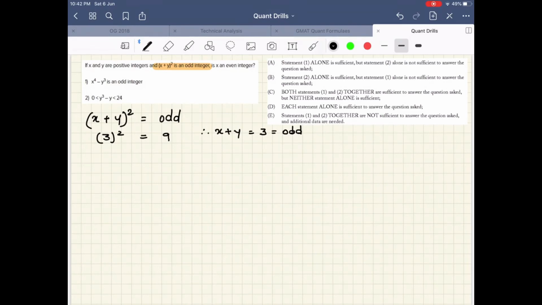And I can substitute another number as well. If I say this odd number is 81, then I can say 9 squared is 81. Again, 9 is odd.